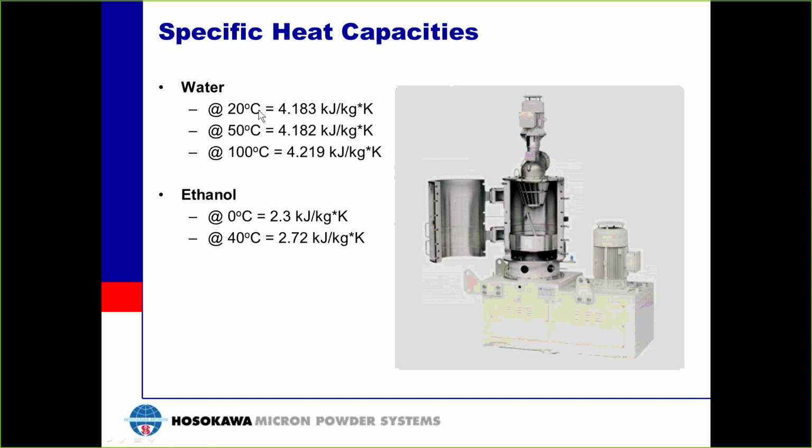At 20 degrees C, you're at 4.183. At 100 degrees C, you're at 4.219 kilojoules per kilogram degree Kelvin. Another thing to note from this slide is that water has a higher specific heat capacity than ethanol. So if you want to change the temperature of water, you're going to have to put in more energy than you would for ethanol.